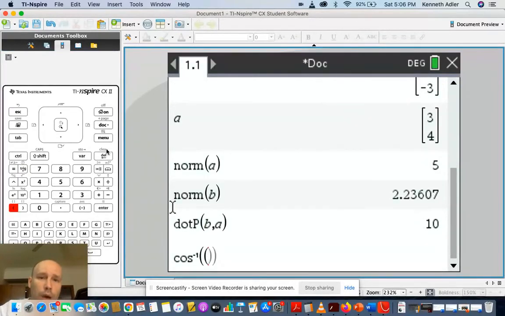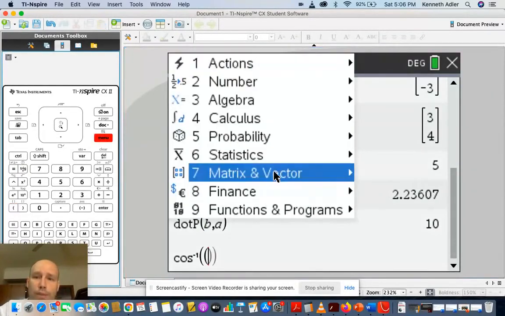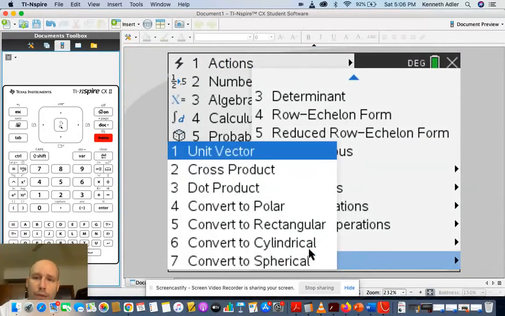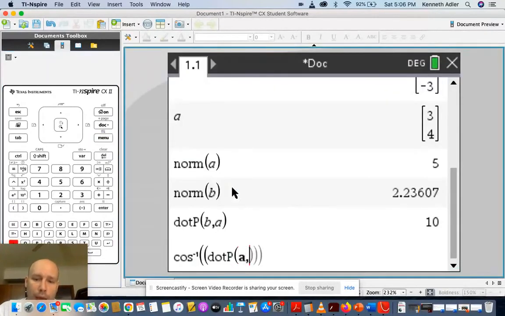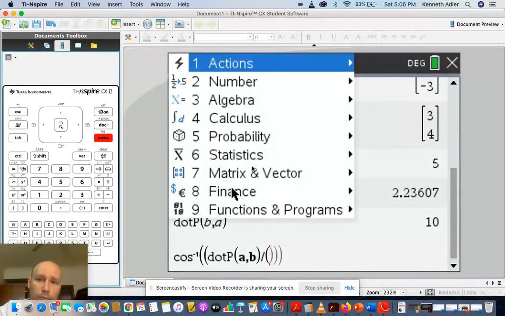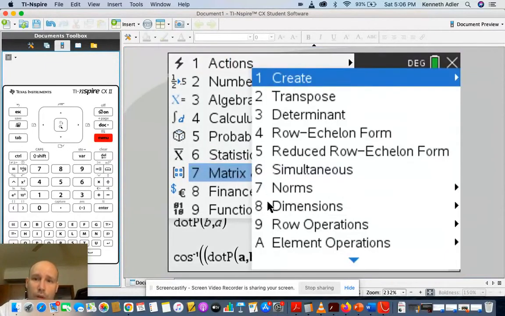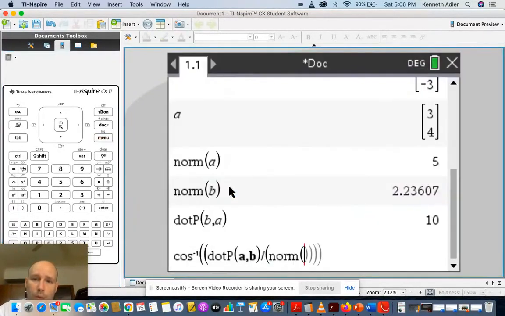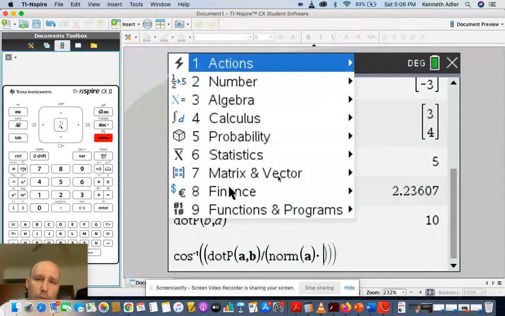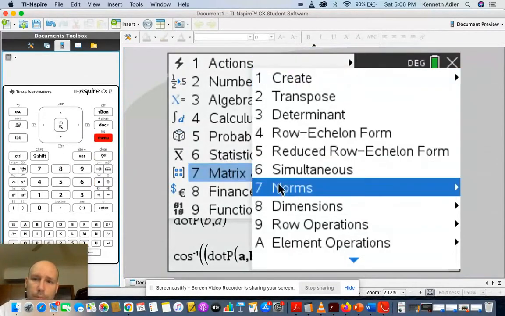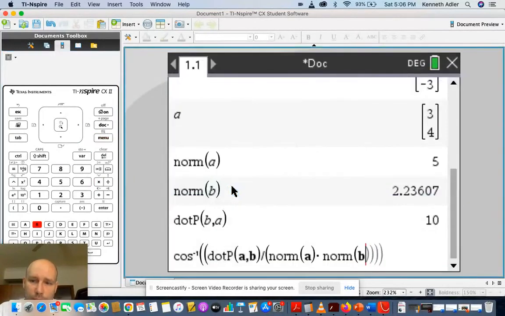So let's see, menu, matrix vector, scroll down, vector, dot product of A comma B, go outside the parentheses, divided by, open parentheses, I want the norm, right, because it's the magnitude, so I want matrix vector, norm of A, times the norm of B.